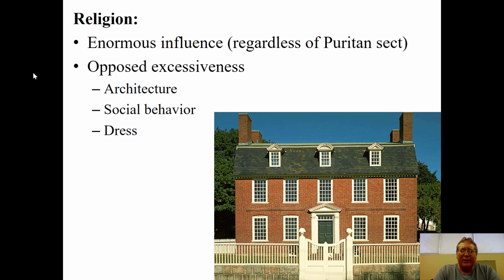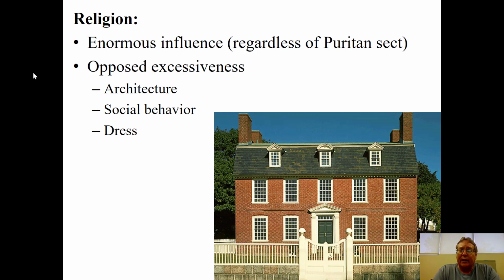One of the ways we see the impact of Puritanism over the long period of New England history is in its architecture. For example, this is a picture of a home built in the 1760s outside of Boston. What you'll notice is this is actually a very wealthy person's home.